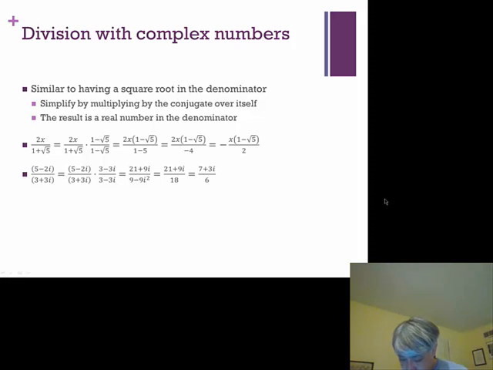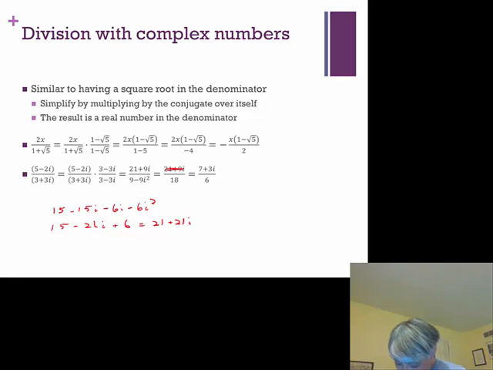It's going to be equal to 15 minus 15i minus 6i, and then minus 6i squared, which becomes 15 minus 21i plus 6, and that's going to equal 21 plus 21i.